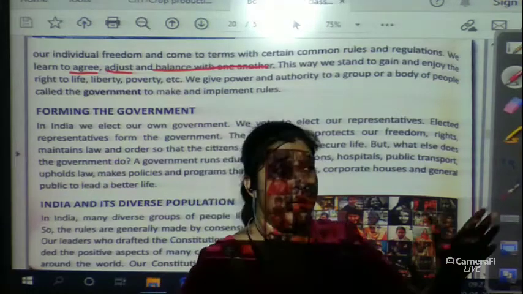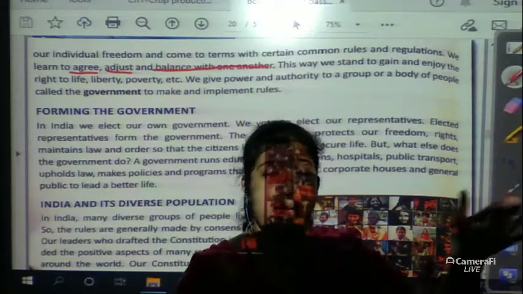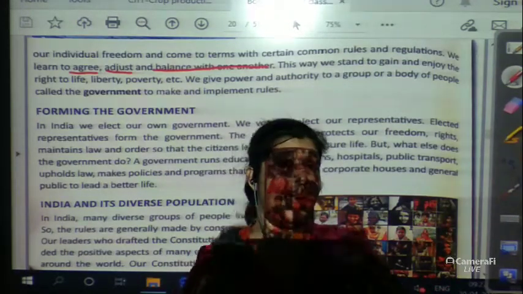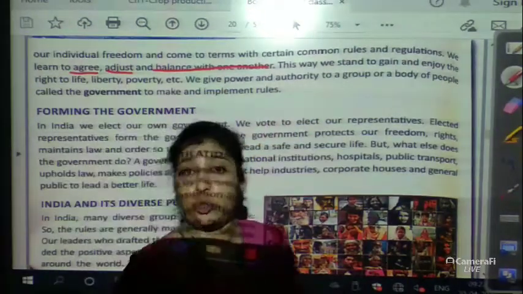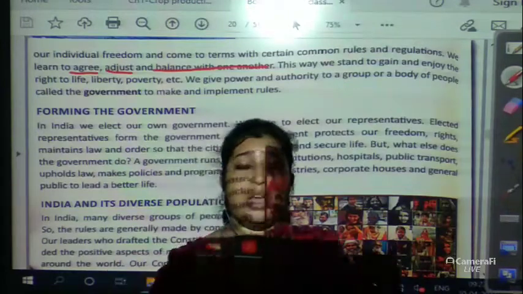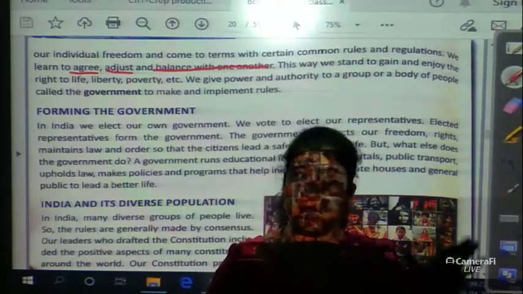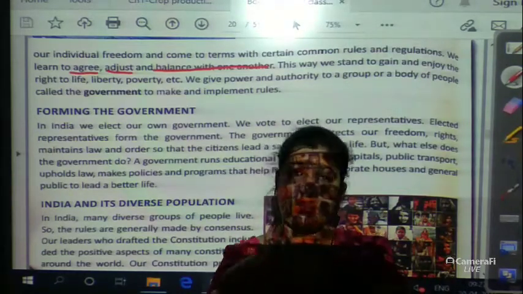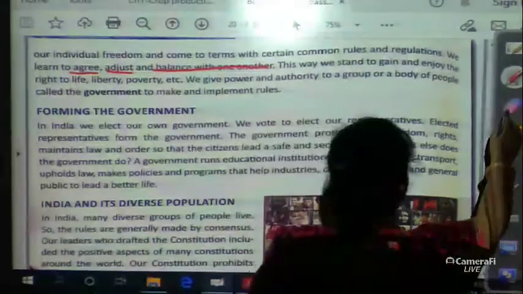So students from one bench are asked, you come and sit here, we are adjusting here. That is the adjustment. And balance with one another means whatever their ideas and opinions are, we will balance them. Whatever you are saying I also follow, and what I am saying you also try to follow. So this is the balance.